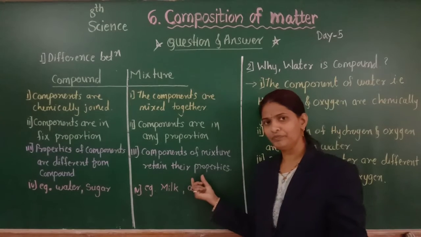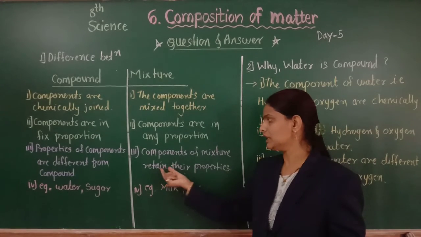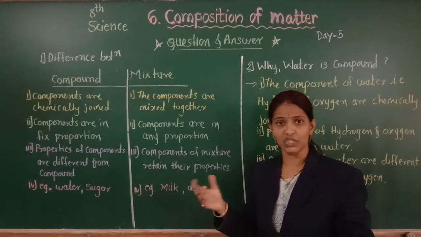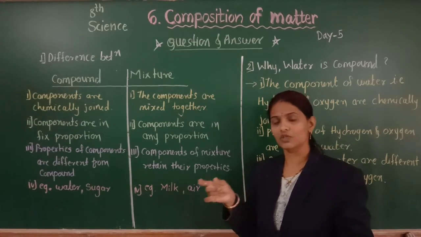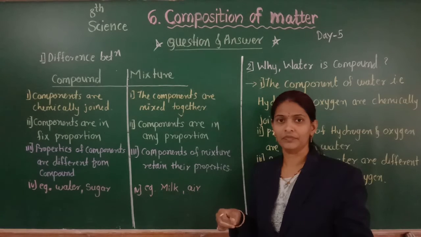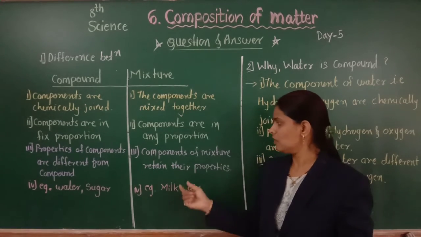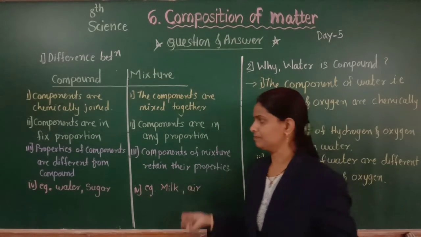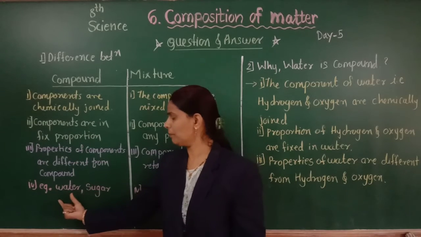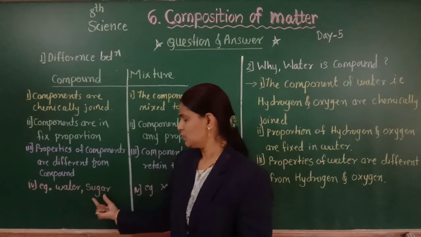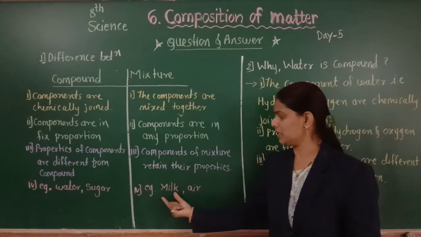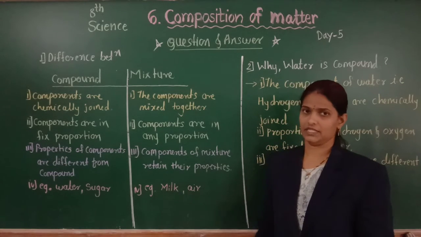In sharbat, the lemon retains its original property, and sugar also retains its original property, that is sweetness. It is not changed. So the components of a mixture retain their original properties. Examples of compounds: water, sugar, etc. Examples of mixtures: milk, air, etc.